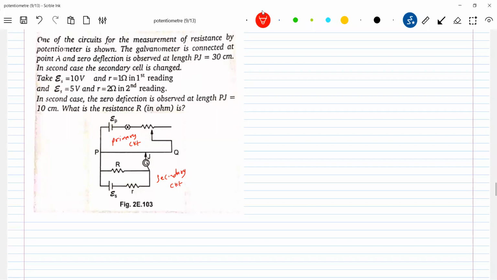I think I'll just put the diagram. I'll split up the diagram so that it will be easy for you. This is a standard primary cell, you call EP, RP. This particular instrument is called a rheostat, where you can have variable resistance.